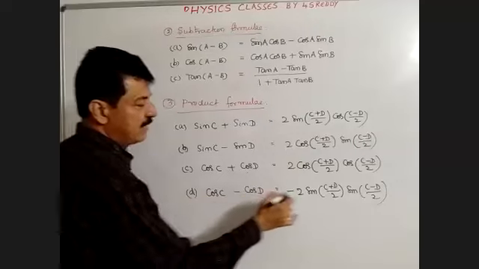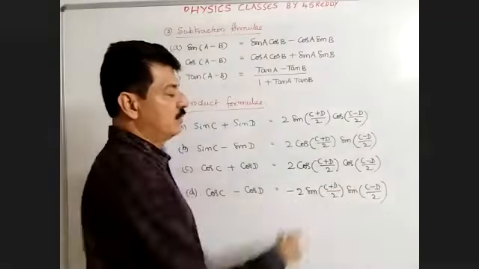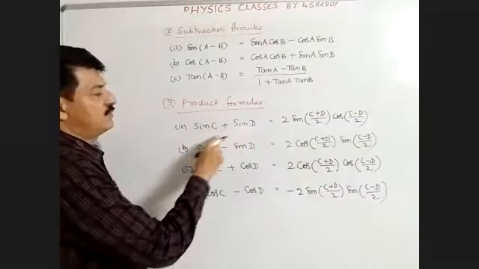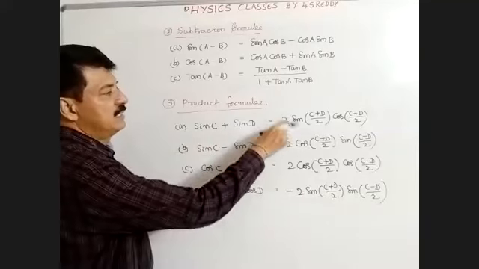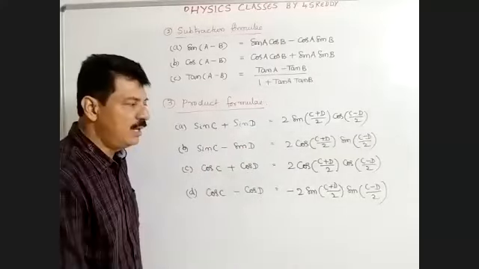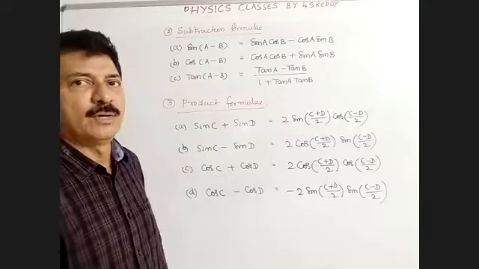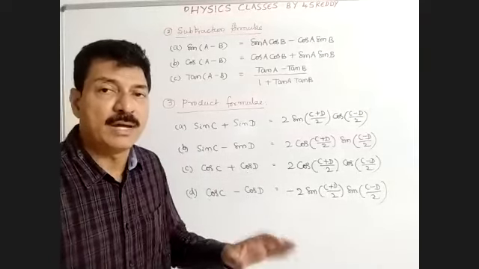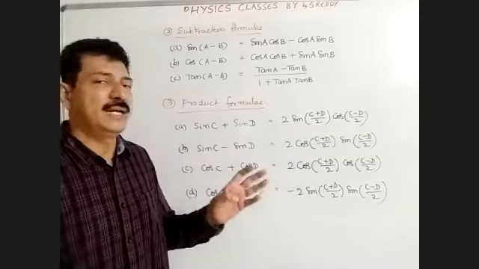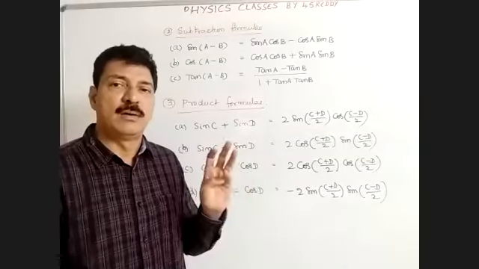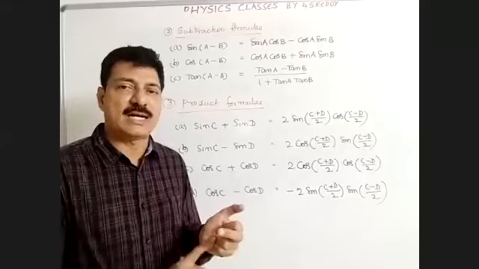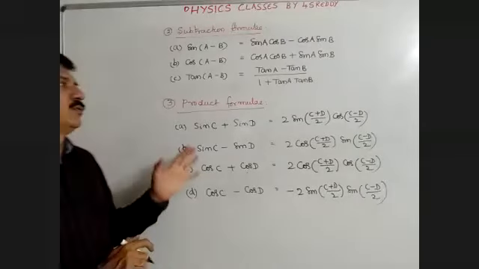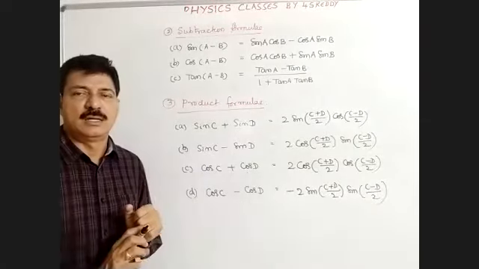If it is cos C minus cos D, then both are sine. Whereas in the case of sin C plus sin D, sine and cosine both will exist. So this is the trigonometry formulas of compound angles: the addition formula, subtraction formula, and the product formula.